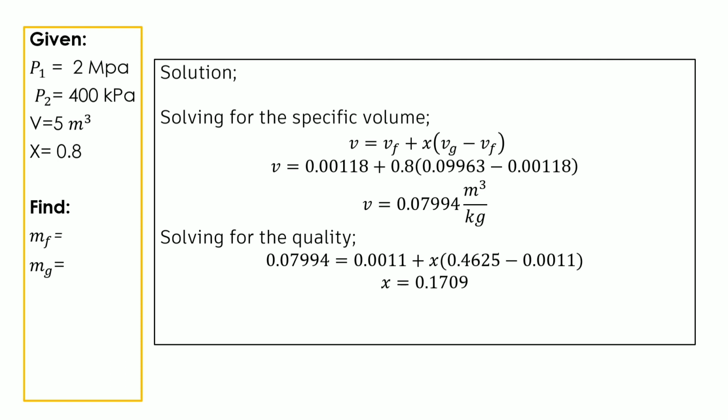So in solving for the specific volume, since we are tasked to find the final mass of vapor and the final mass of liquid of the water, we must first find and solve for our specific volume, since it is needed in order to solve for our mass of vapor and mass of liquid.